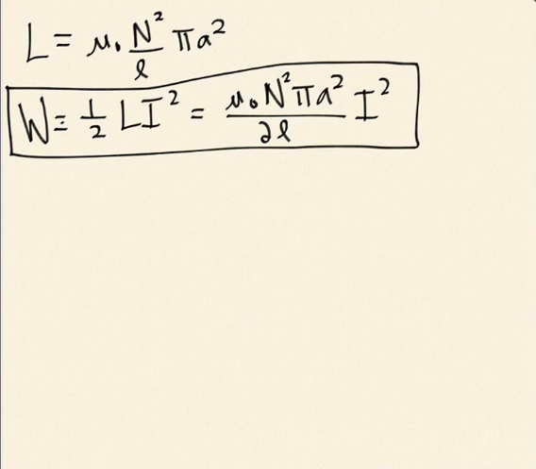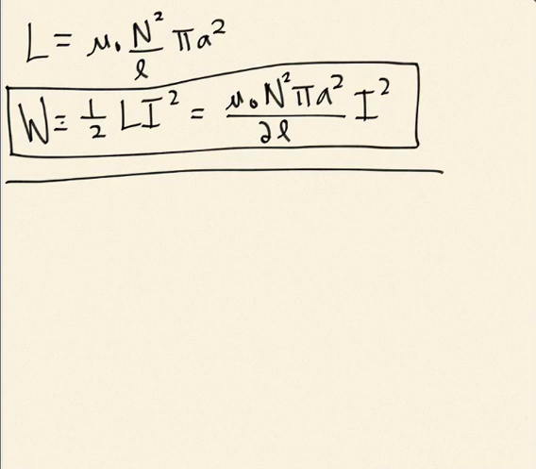Okay, and now I want to show you that that's what's stored in the magnetic field, which I can do fairly quickly. The magnetic field inside the solenoid I can write as mu naught n times I. Okay.